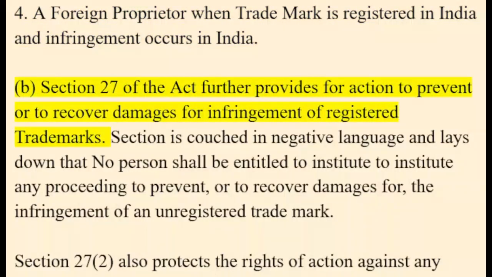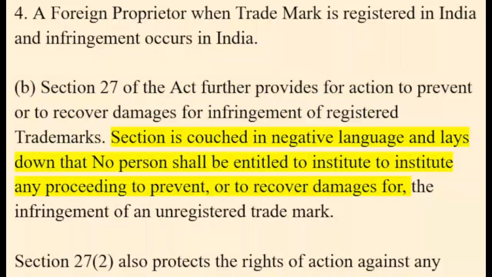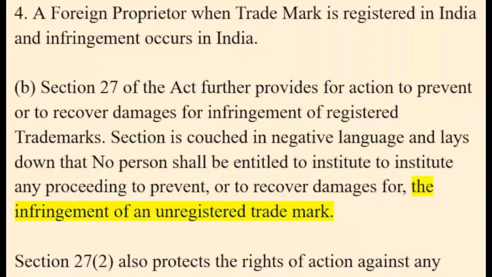b. Section 27 of the Act further provides for action to prevent or to recover damages for infringement of registered trademarks. Section 27 is couched in negative language and lays down that no person shall be entitled to institute any proceeding to prevent, or to recover damages for the infringement of an unregistered trademark.